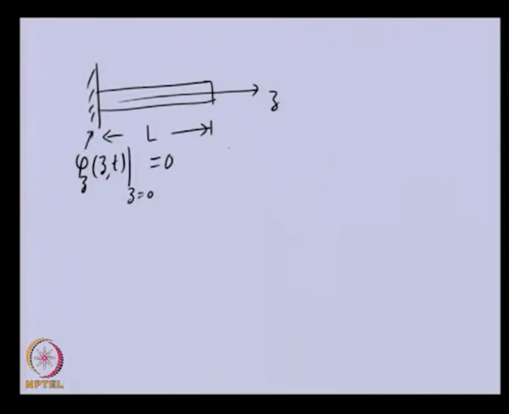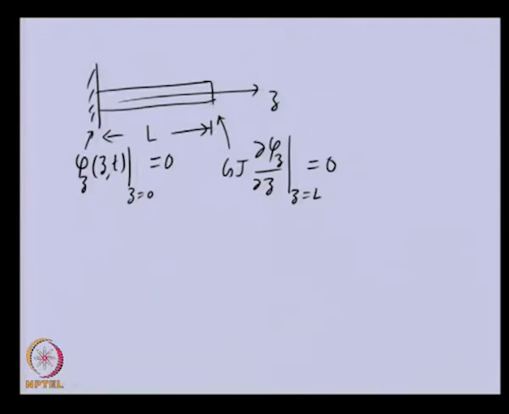On the other hand, at this free end there is no torque, and we have represented torque earlier like this. So, at z is equal to L, we have the condition that torque is 0 because this is a free end.